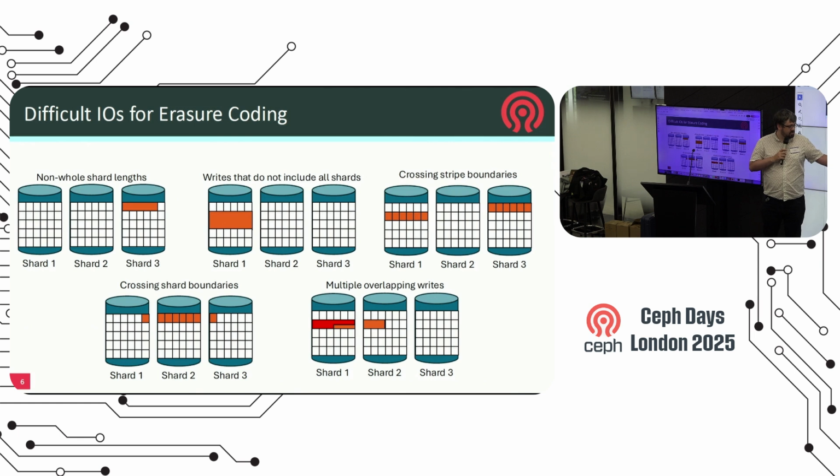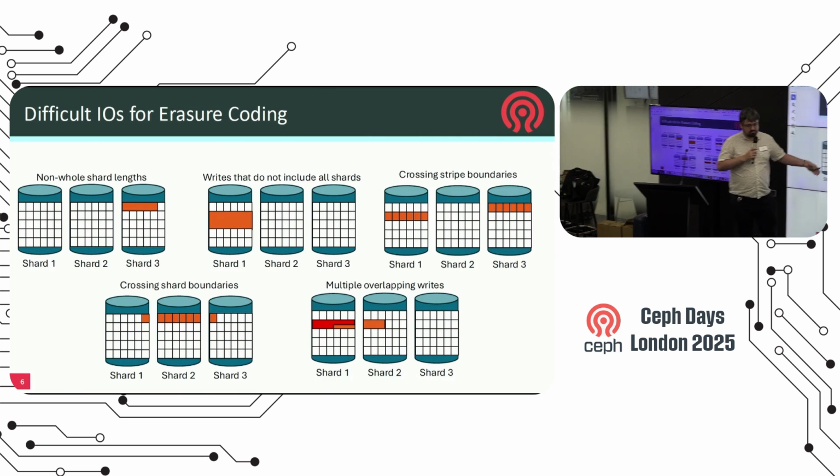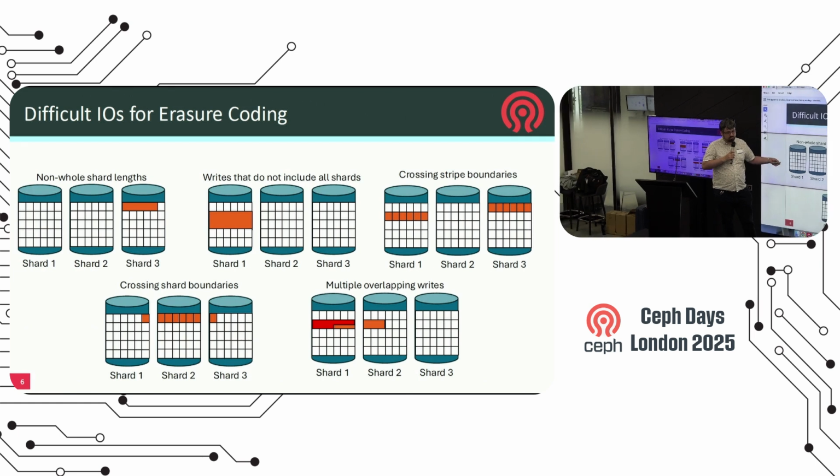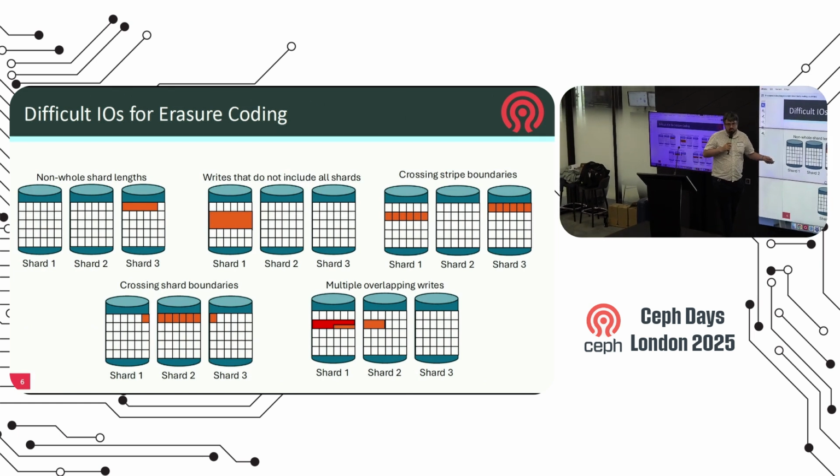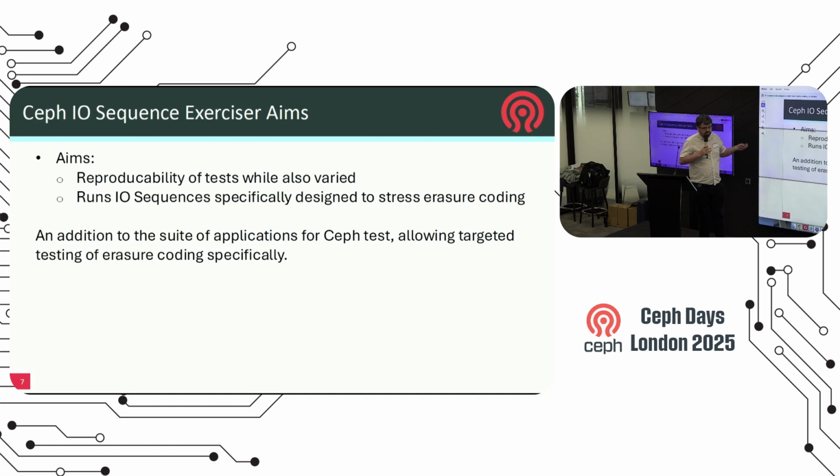We also want to test multiple overlapping writes, where we send a write into the system, and before it's processed, we send another write into the system, and we want to make sure that those are processed in the correct order. Those are some of the things we want to make sure are behaving correctly as part of Erasure coding.